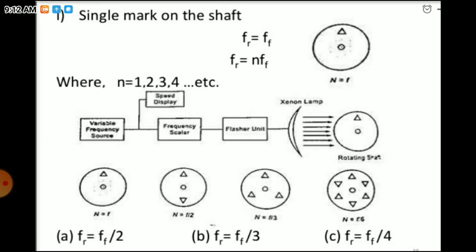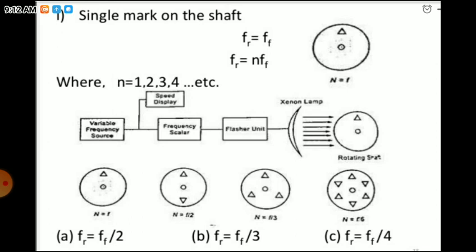If single line images are obtained at n different flashing rates, that is f1, f2, up to fn: for flashing frequency f1, the single line image is obtained. When you decrease the frequency, again for f2, another flashing frequency is obtained for the single line image, and like that up to fn.